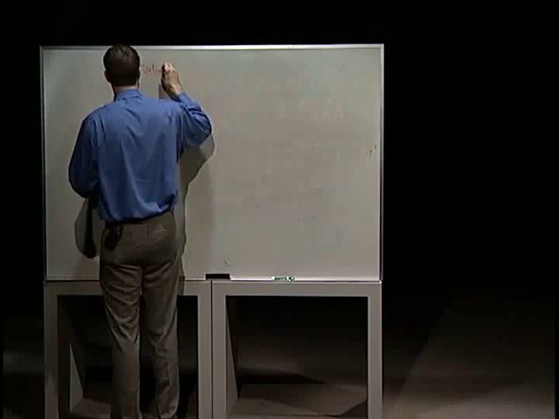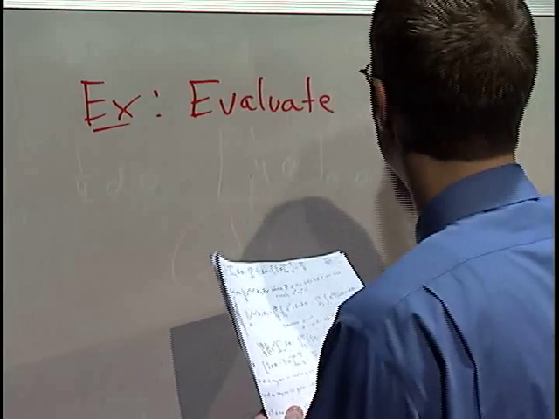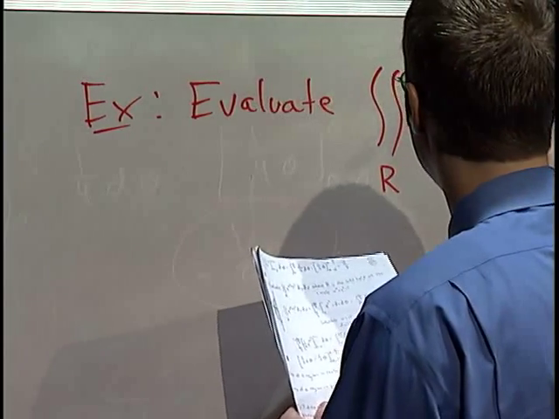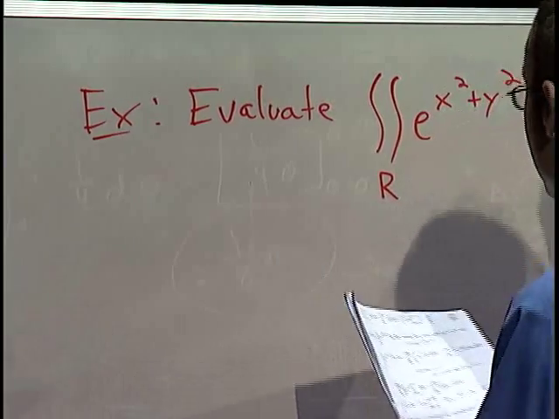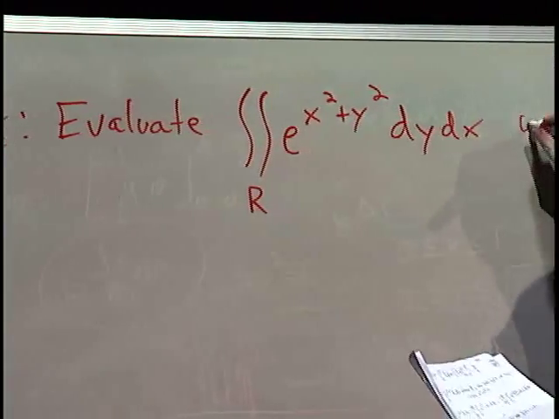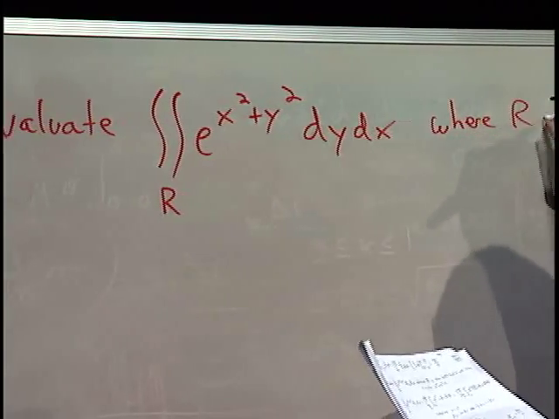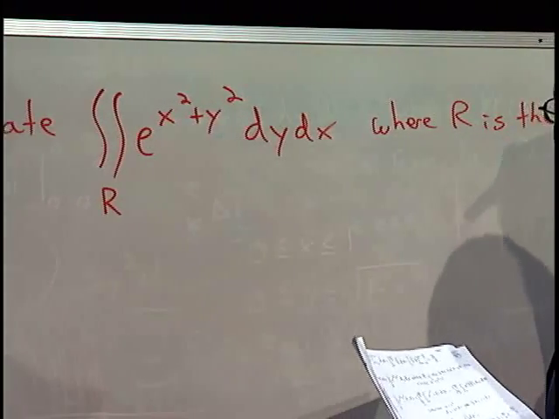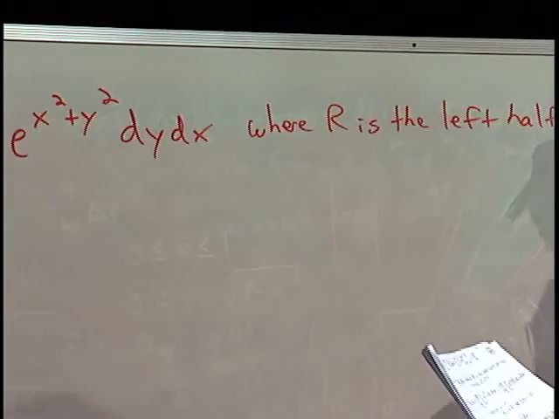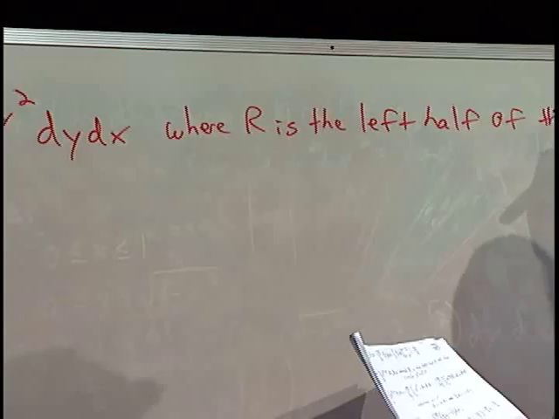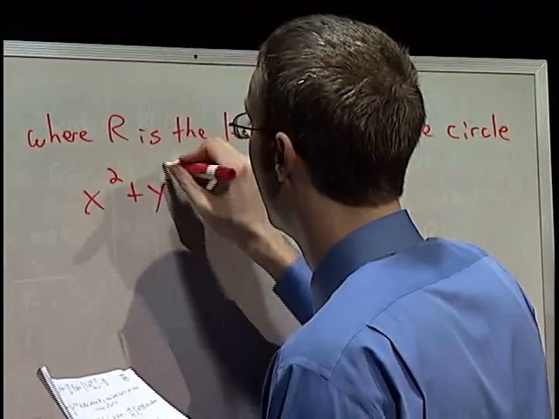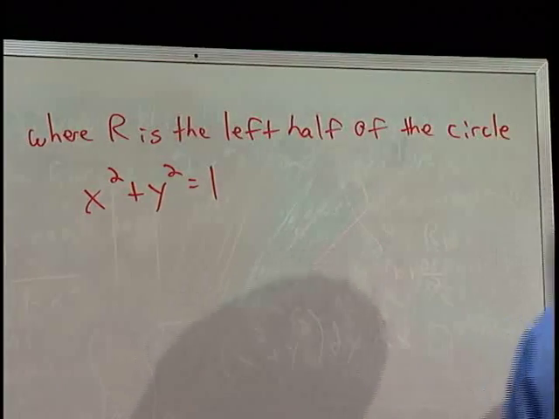So let's evaluate the double integral over R of e to the x squared plus y squared, dy dx, where R is the left half of the circle x squared plus y squared equals 1.